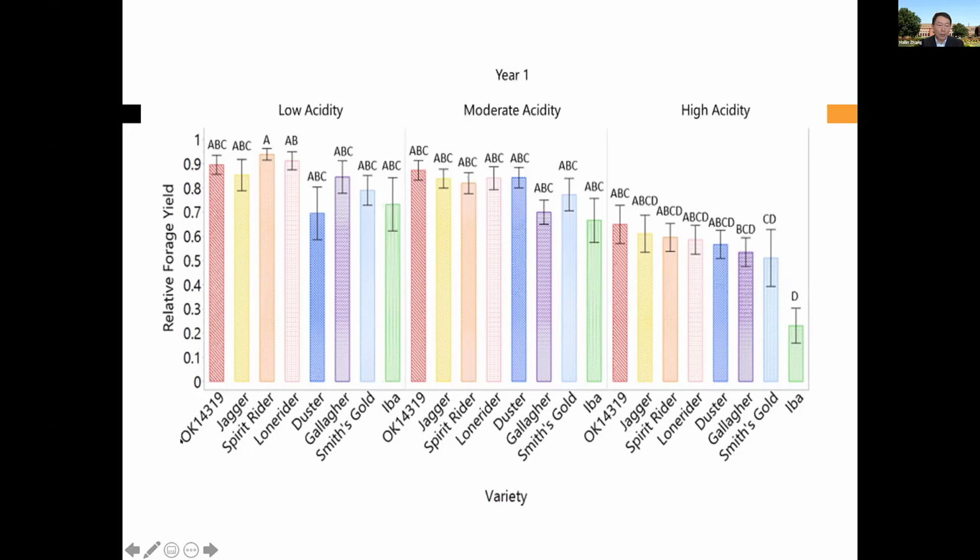And I asked Dr. Brett Carver if he has released this variety yet. He said he has not. This is probably in the next batch of cultivars he is going to release. So this gives us some idea about how some of the current varieties tolerate soil acidity from this experiment.